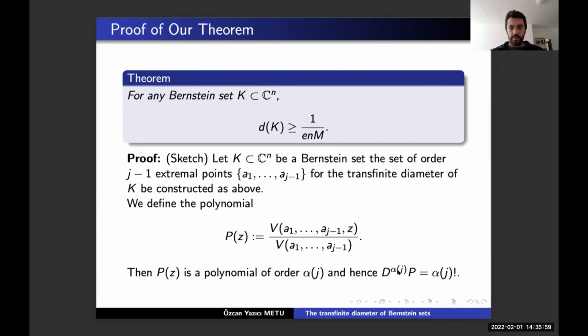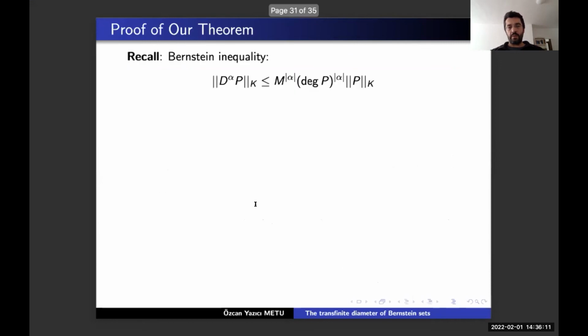Well, the derivative of p of order alpha_j is alpha_j factorial, because the order of p is alpha_j. And what we do next is recall the Bernstein inequality, which says that the alpha-order derivative of p is smaller than the sup norm of this, smaller than the right-hand side here.